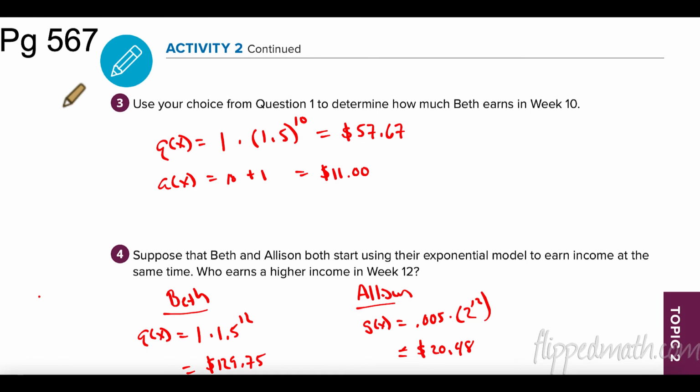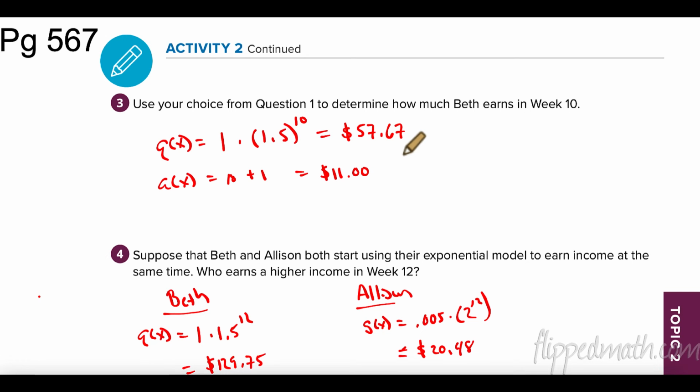All right, so if we look at question 1, to determine how much Beth earns in week 10. If we use the Quentin method, 1 times 1.5 to the 10th power, she'd make $57.67. And if we use the Alicia model, she would use 10 plus 1, or $11.